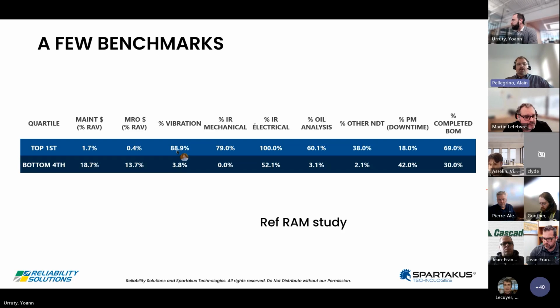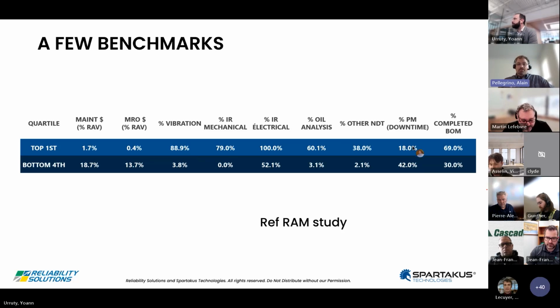You could compare all these different condition-based monitoring techniques here: vibration, infrared mechanical, infrared electrical, or oil analysis. You see they rely heavily on condition-based monitoring to monitor their assets.